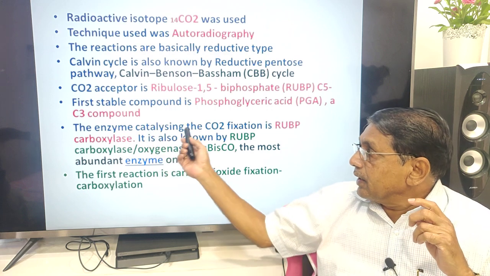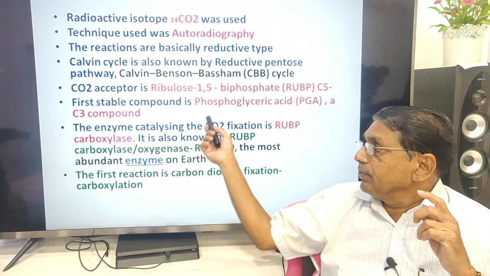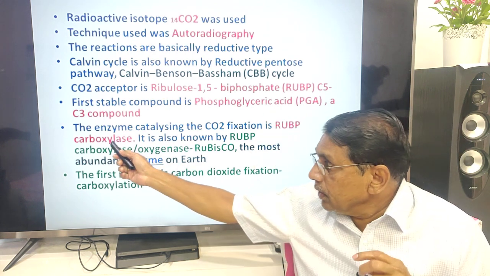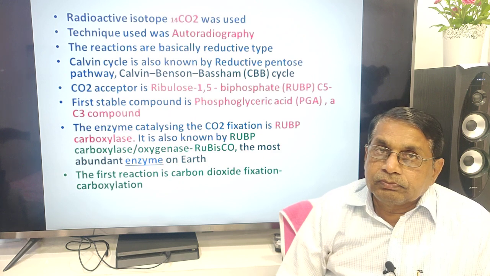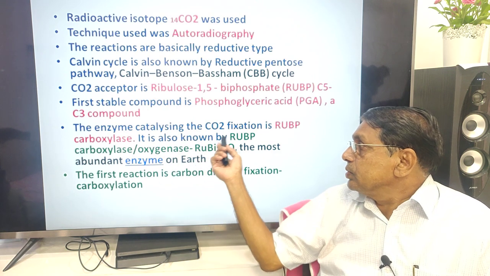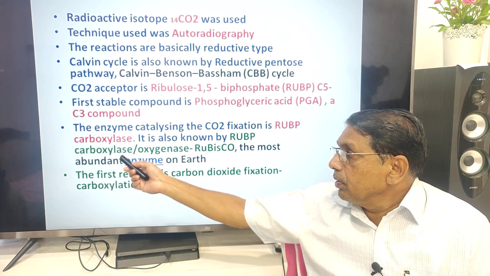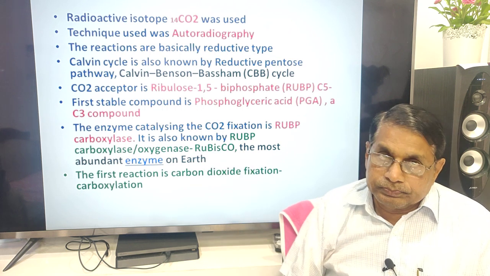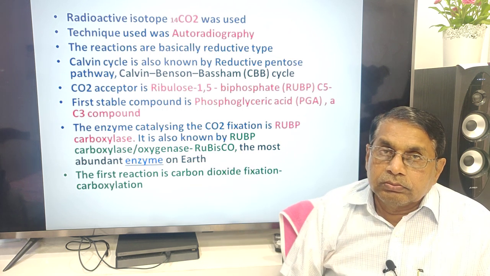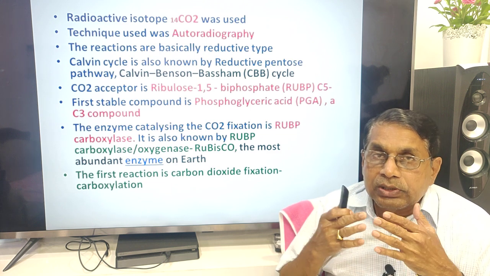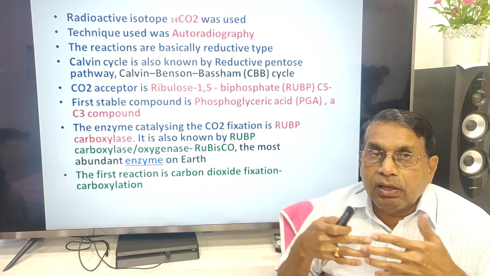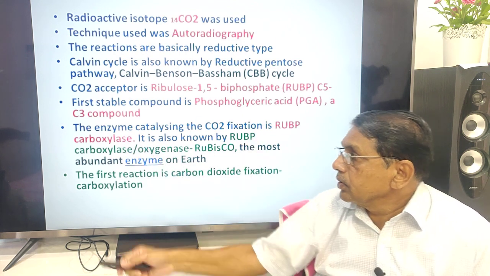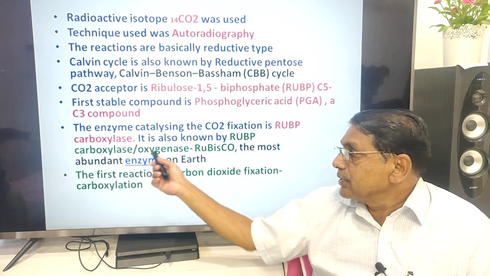The enzyme catalyzing the carbon dioxide fixation is RuBP carboxylase, also known as RuBP carboxylase oxygenase, or RuBisCO.